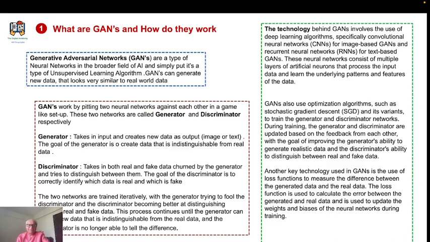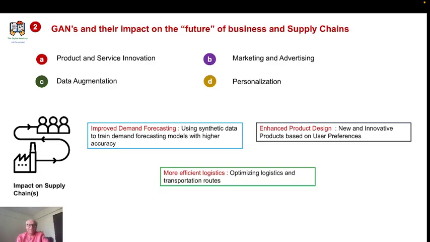In big ticket items, generative adversarial networks produce data, images or text, which completely look like the original data set, and it has multiple applications across industries. If you think about product and service innovation, GANs can be used to generate prototypes, products, or real images of designs that are in vogue currently, and this enables product and service innovation.